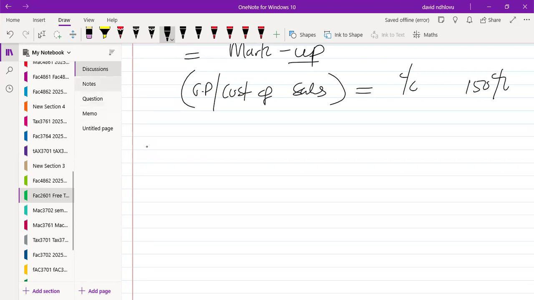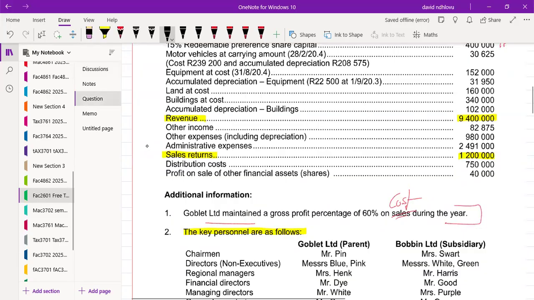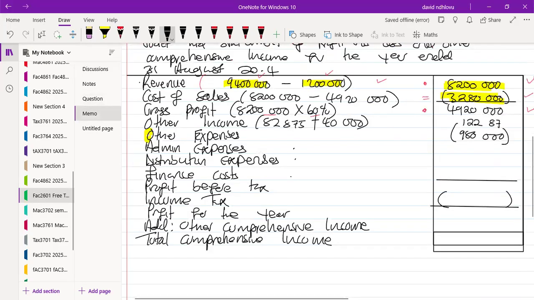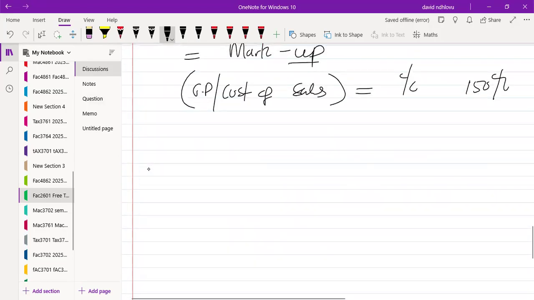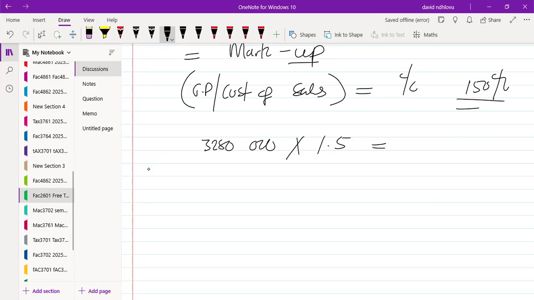So when they give you that, remember they would have given you already the cost of sales, which is 3280 there. So it means we would have alternatively been given 3280 here and been given 150%. We would have simply multiplied that by 1.5. Then it would have given us the gross profit figure, which is 4920.